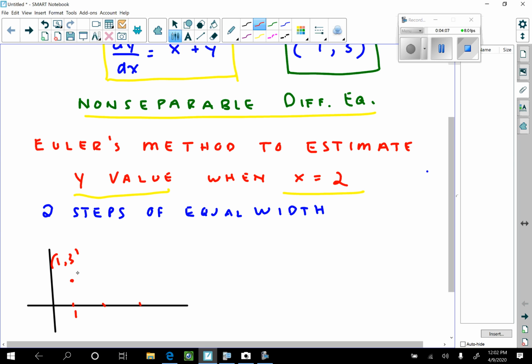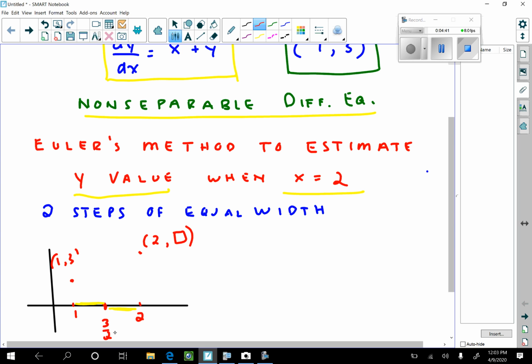And what I want to do is estimate this y value when x is equal to 2. This is the value that I want. I'm going to use 2 steps of equal width. So if I go from 1 to 2 in 2 steps of equal width, the midpoint right there is going to be 3/2.